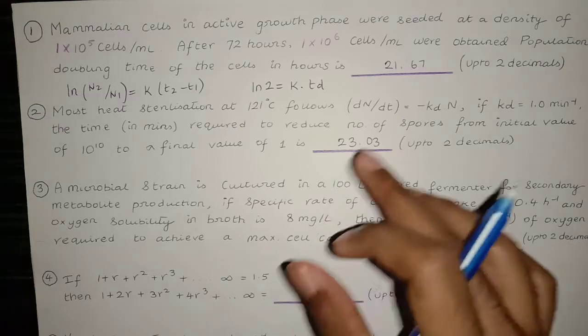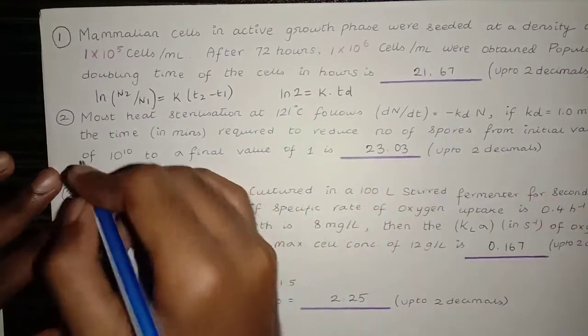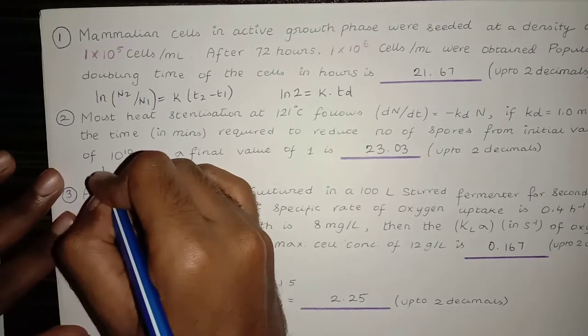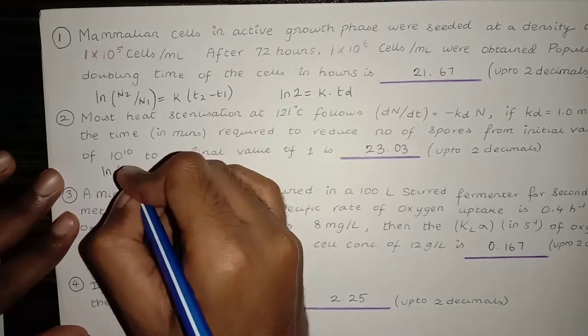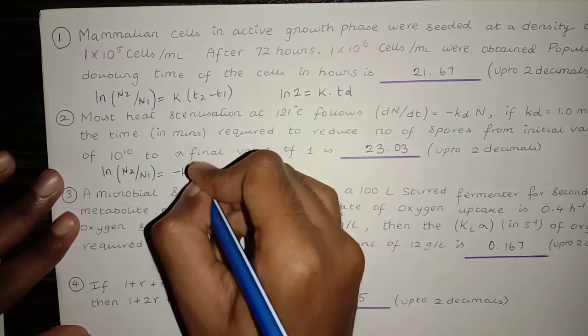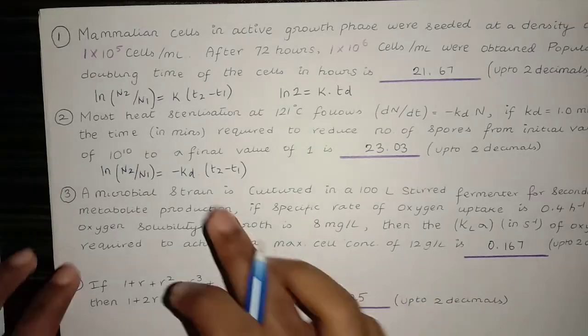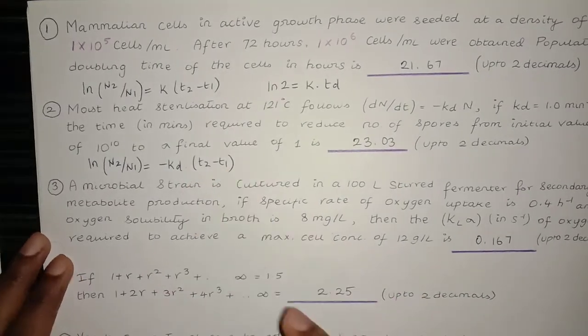Next, for sterilization, we followed a similar integration with respect to N, and got ln(N2/N1) is equal to -kd times (T2 - T1), and we found the time for sterilization.